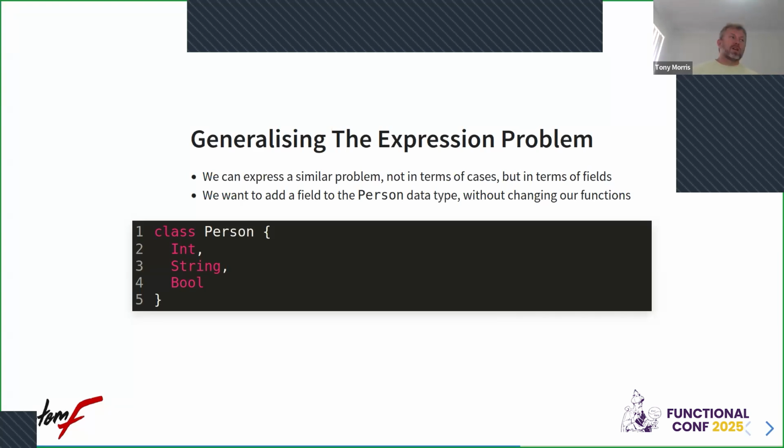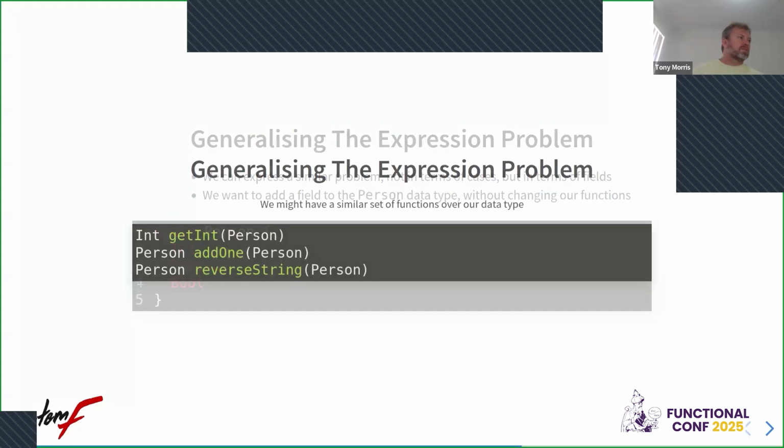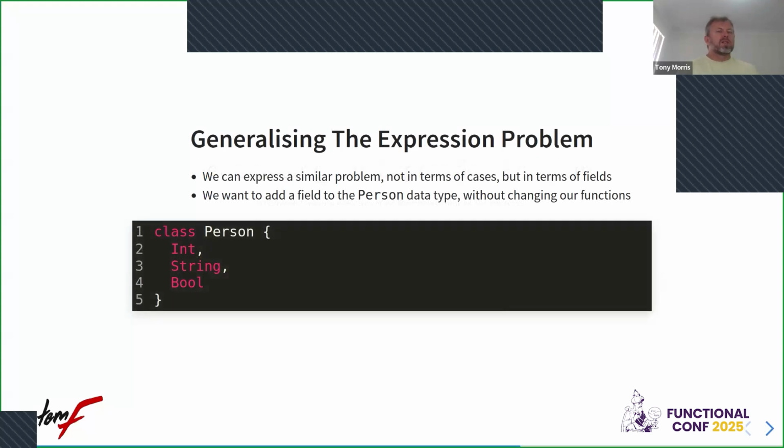Or we could write yet another data type, wrap the person class as one of the fields, and add Boolean as another field. So all of the same potential solutions exist for this problem, the only difference being it's defined in terms of fields rather than cases.